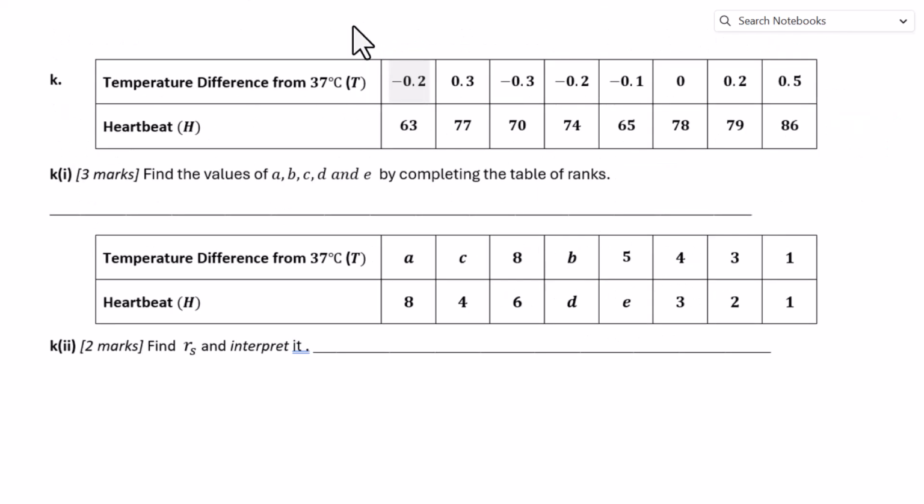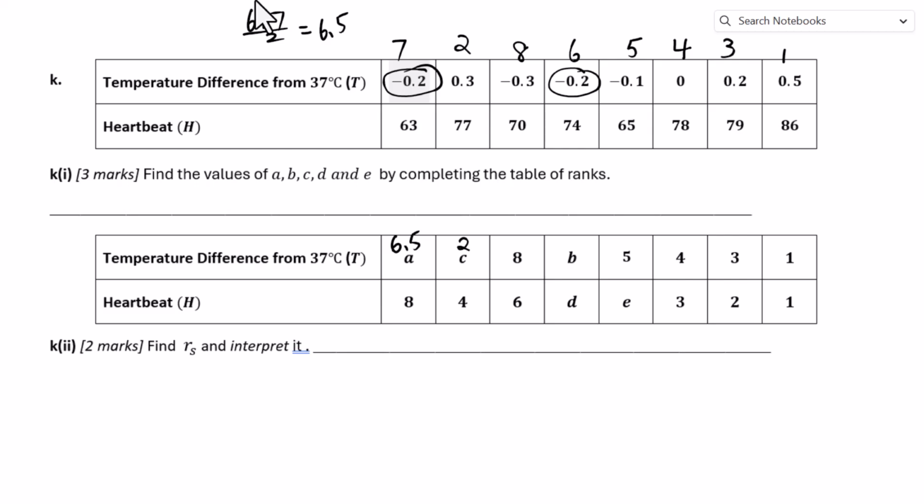Let's go to K. Find the values of A, B, C, D, and E by completing the table of ranks. This is 1, 2, so C is 2. 3, 4, 5, 6, 7, 8. These two values are equal. So 6 plus 7 divided by 2 is 6.5. A equals 6.5.